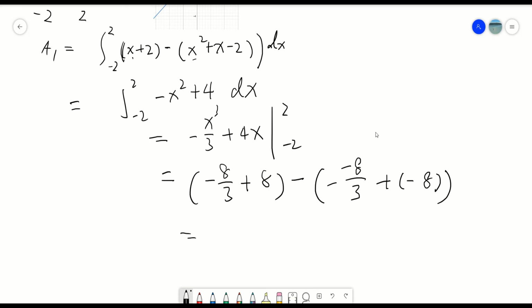So this negative 8 over 3 minus 2 over 3, right? How about this side? 8 minus negative 8, so it's plus 8, so it's 16.